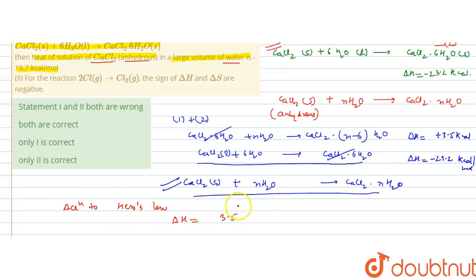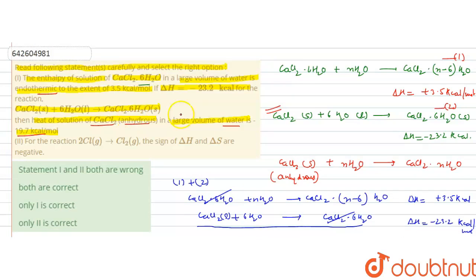So it will be 3.5 plus minus 23.2 kilocalorie per mole, which equals minus 19.7 kilocalorie per mole. So the heat of solution is 19.7 kilocalorie per mole, which is correct. It means statement 1 is correct.